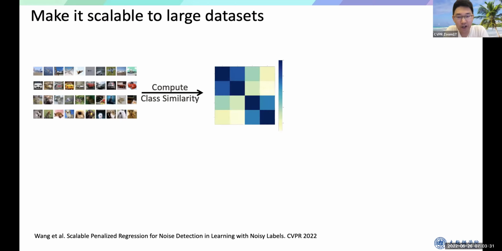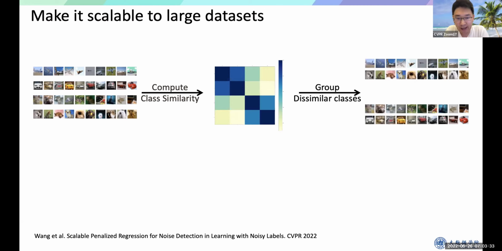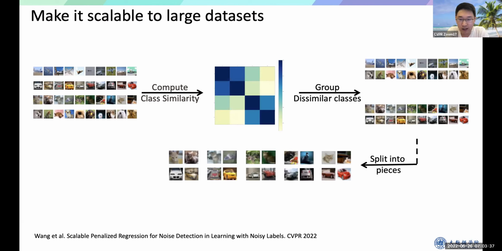And for each group, we select a small number of training data to construct small pieces of data, and then our algorithm will be run on each piece of data in parallel. Basically, this simplifies our algorithm and makes it scalable to large datasets.